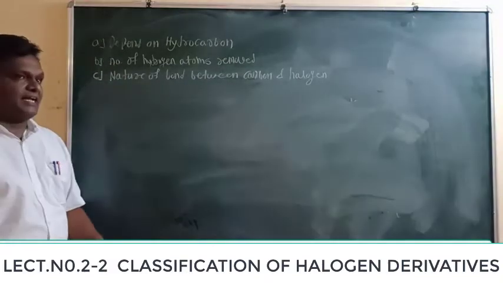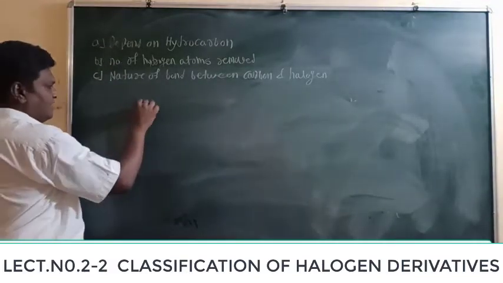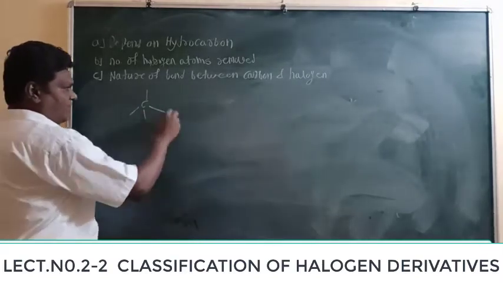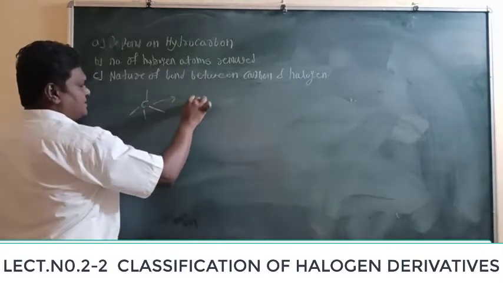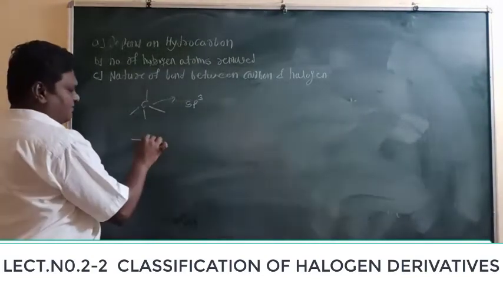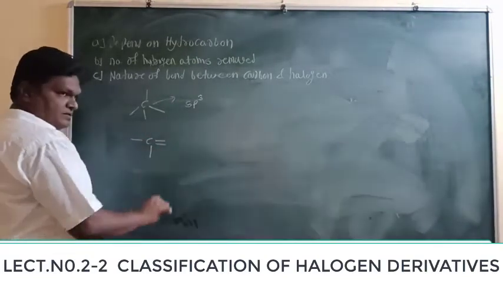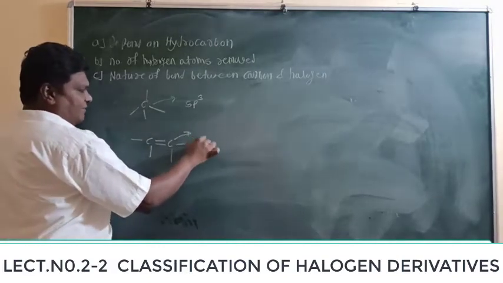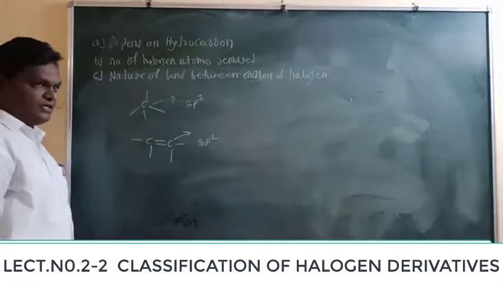Now before starting this, always remember, whenever any carbon atom forms four covalent bonds, this carbon atom undergoes sp3 hybridization. If any carbon atom forms a double bond with another carbon atom, this carbon atom is under sp2 hybridization.